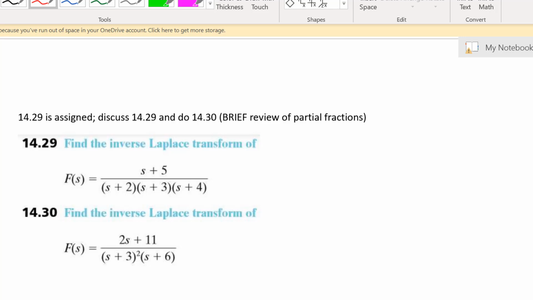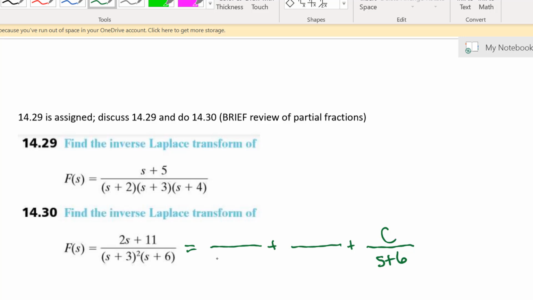The s plus 6 is only there once, so that one's easy. I'll call that numerator C. When you have repeated factors, you build up to the highest power.